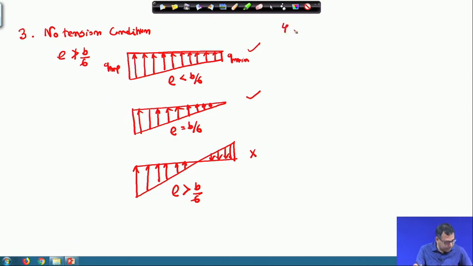And the fourth one is the no bearing capacity failure, or bearing failure.